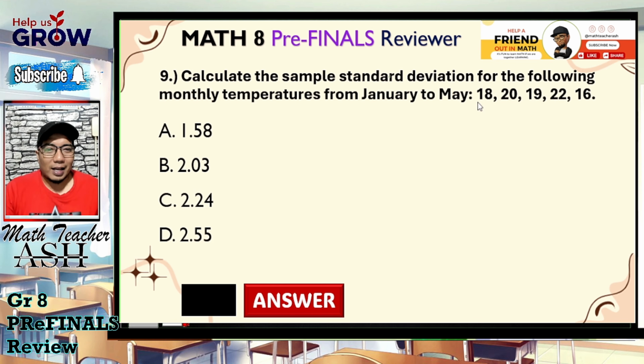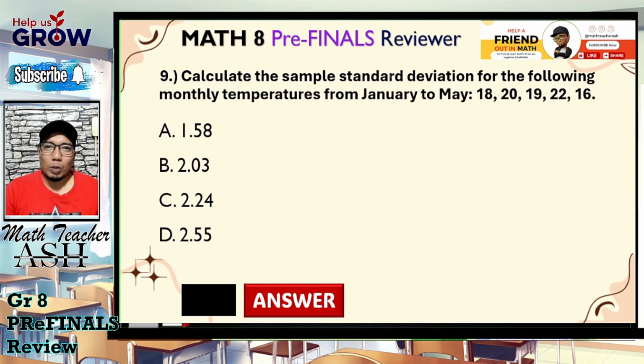So we subtract 19 from each value: 18 minus 19, 20 minus 19, 19 minus 19, 22 minus 19, and 16 minus 19. First, we have negative 1. Second, we have 1. Third, we have 0. Fourth, we have positive 3. And fifth, we have negative 3.